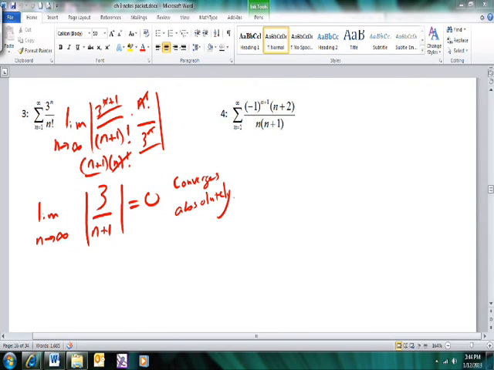All right, let's look at the next one here. Now, this next one alternates, and the limit would be n over n squared. The limit would go to 0. So I don't need to use this particular test. I can just use the alternating series test.